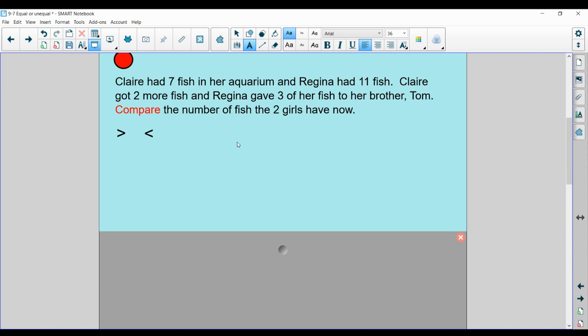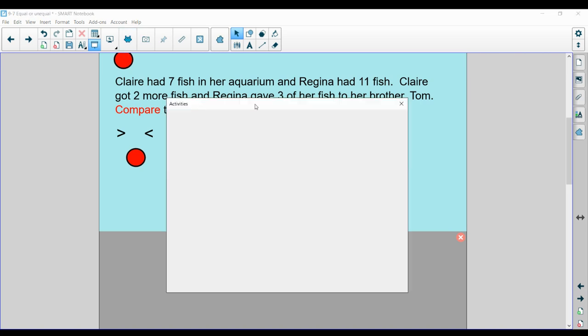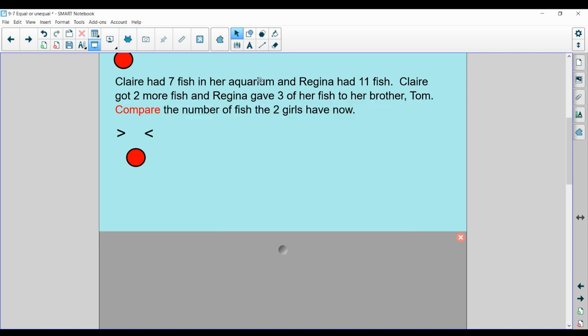So I'm going to show this using counters. Let's take a look at what Claire has first. Claire had 7 fish, so I'm going to make 7 fish to show Claire's. Sorry, guys.